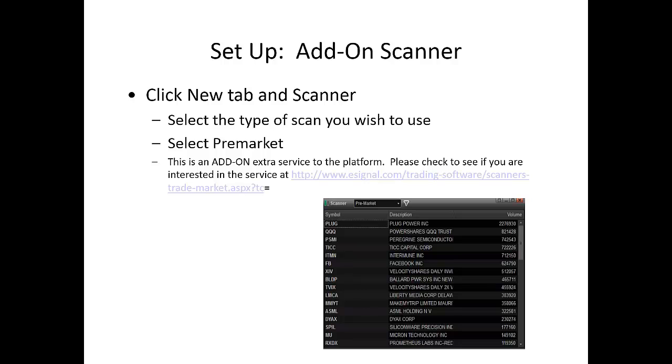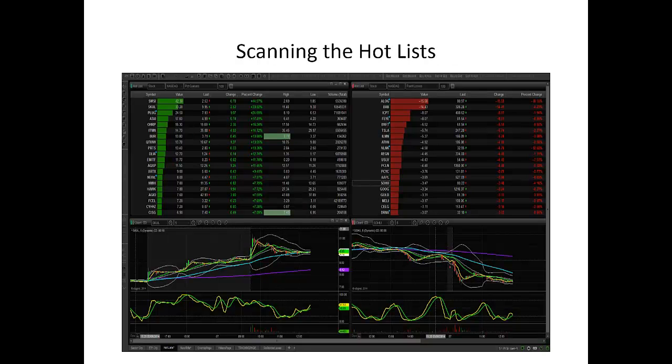Now, as far as scanning the hot lists, you can open up a hot list. That's not going to help in the pre-market, but as soon as the market bell opens, then you're going to be able to see the percentage gainers or the point gainers, point losers, and instantly you'll have a nice matrix of stocks based on their change from the closing prices.